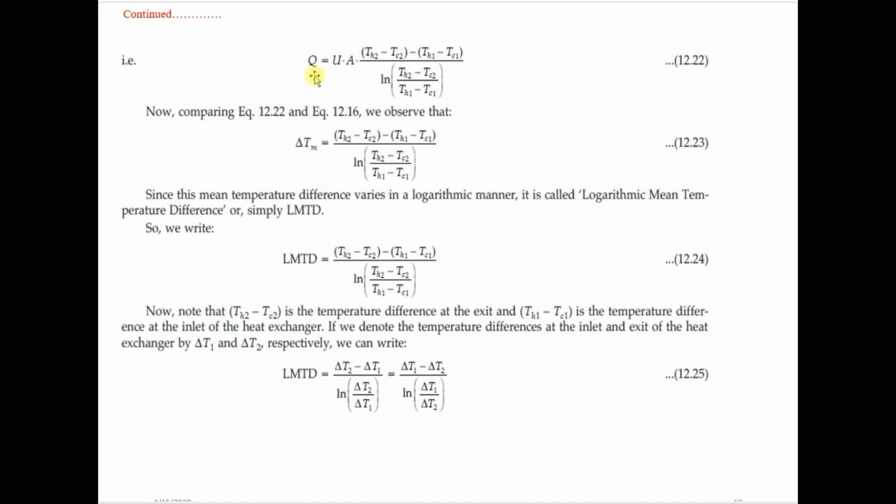Now if you see, Q = UA [(Th2 - Tc2) - (Th1 - Tc1)] / ln[(Th2 - Tc2)/(Th1 - Tc1)]. This is a simplification of the above step.